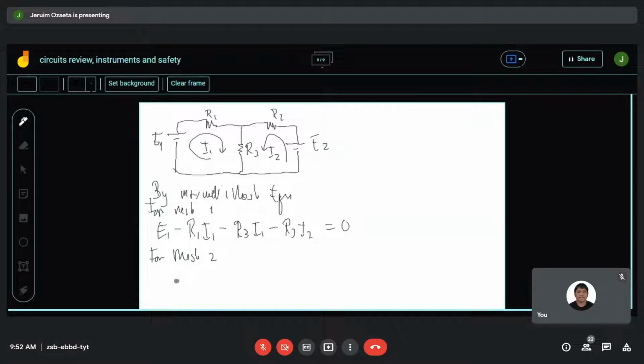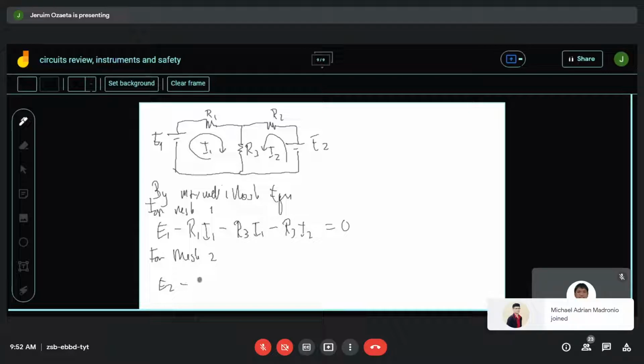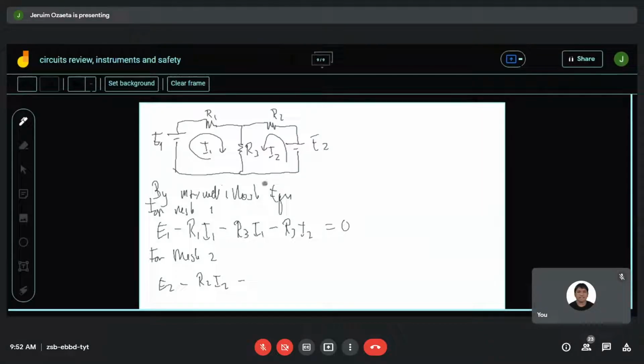For mesh 2, we have E sub 2 minus R sub 2 I sub 2 minus R sub 3 I sub 2 minus I sub 1 R sub 3 equals 0. Take note of these two terms.